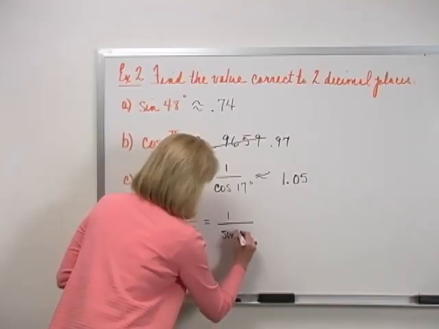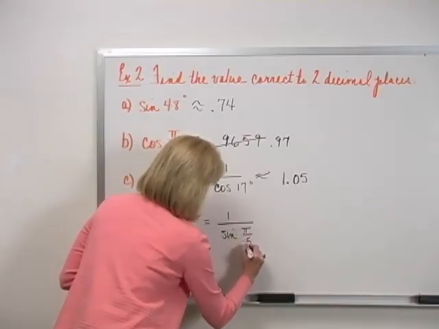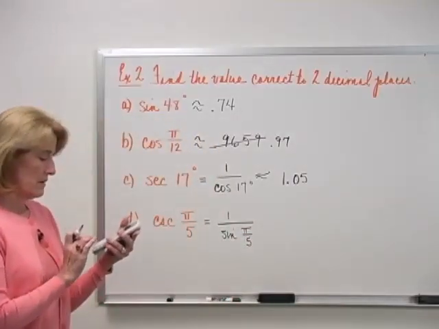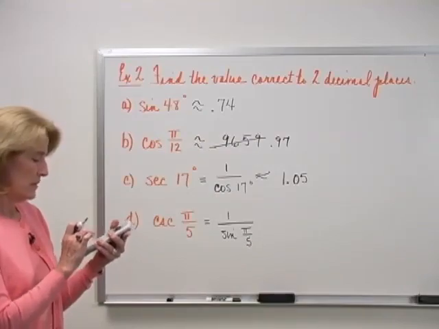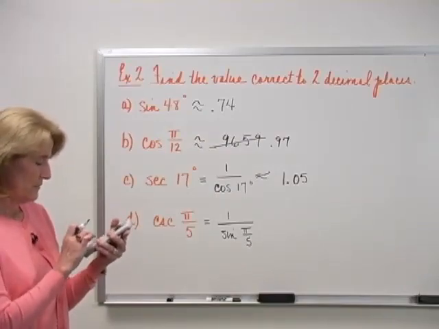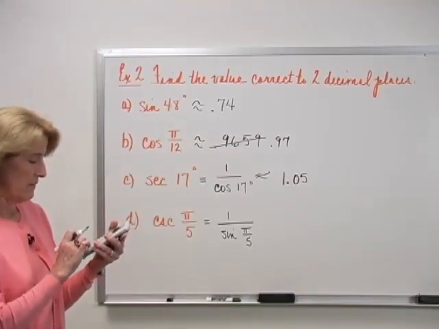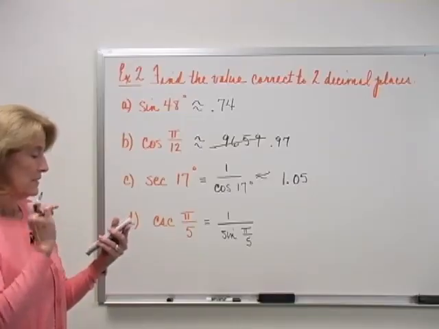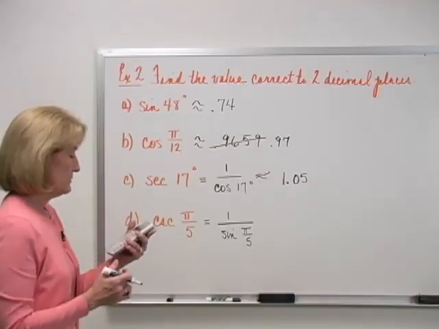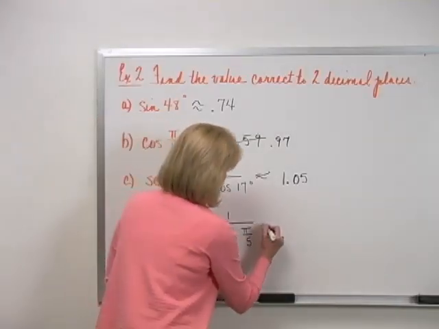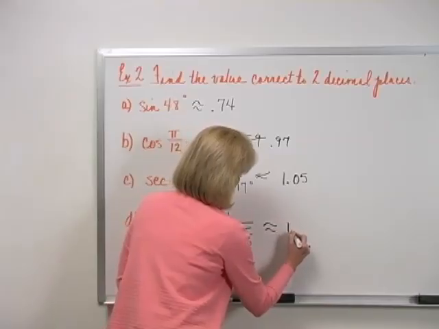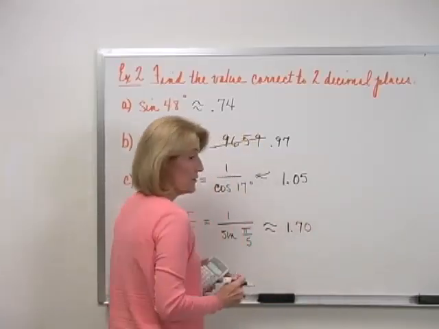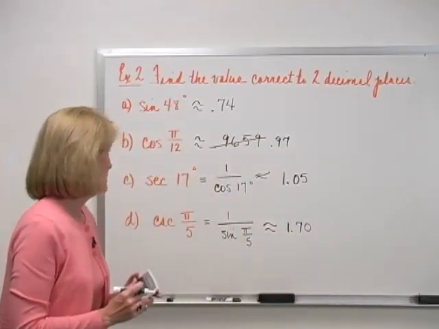Sine of pi over 5. So I'm in radians, and I'm ready. It's 1 divided by the sine of pi divided by 5, and that is equal to 1.701. So that is going to be approximately 1.70, correct to 2 decimal places.